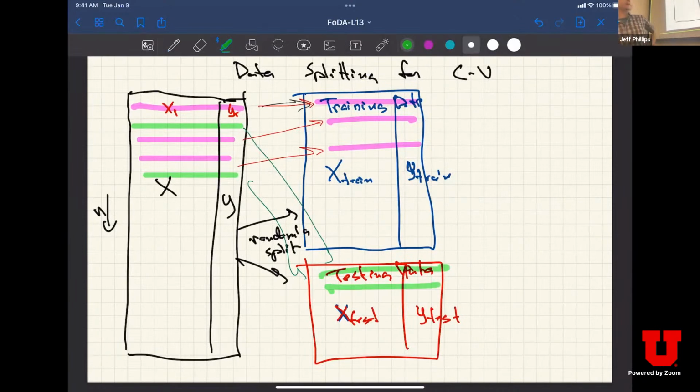I'm emphasizing this randomly because if the data was actually completely IID, I wouldn't need to randomly split it, because each row would be independent of every other row, and I could just take the top half as training and the bottom half as testing. This is not always the case, though.